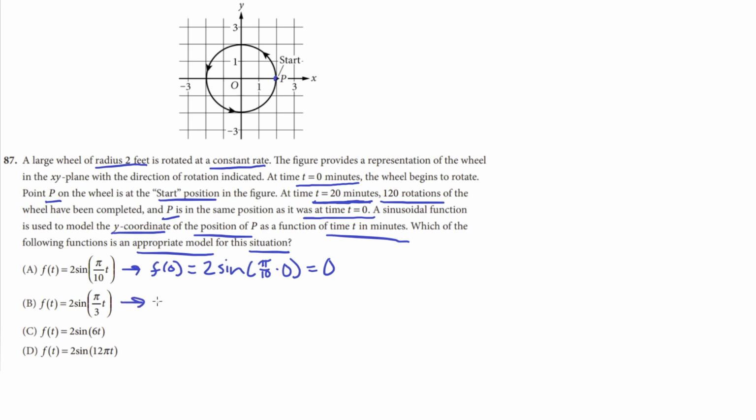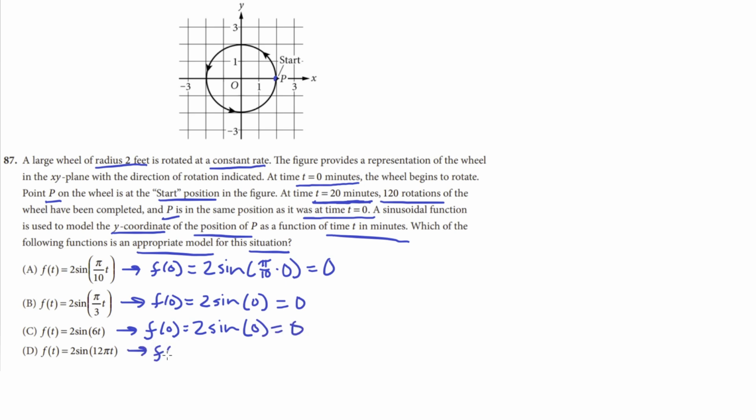Now let's check this one here. F of 0 is 2 sine of pi over 3 times 0, so just 0 again. For the next one, f of 0 is 2 times sine of 6 times 0, so that's 0 again.